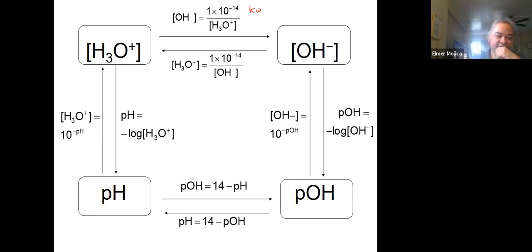So let's try. If I have, let's say, a number here like 7.50. So what's the corresponding pOH? What's the corresponding H3O plus? What's the corresponding hydroxide concentration that it has?